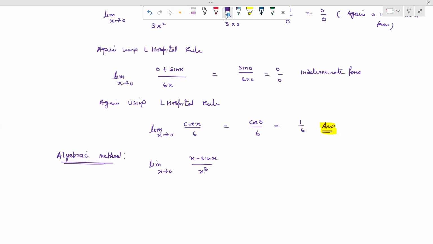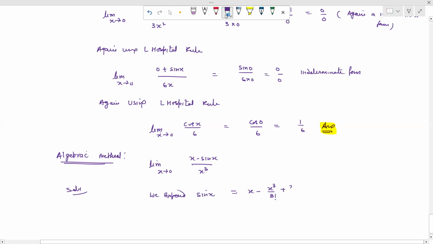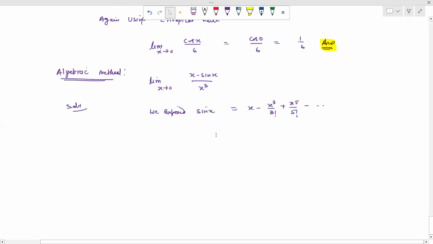In the algebraic method, we just expand sin x. The expansion of sin x is x minus x cube upon factorial 3 plus x5 upon factorial 5 minus and so on. So we use this expansion.